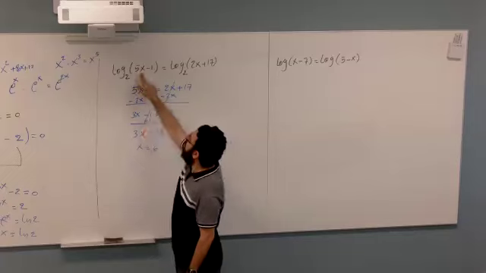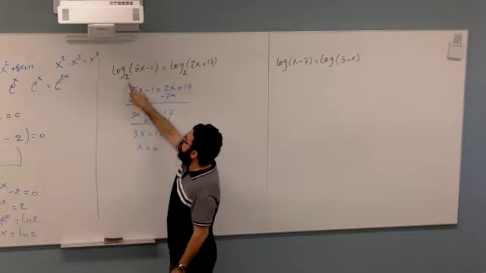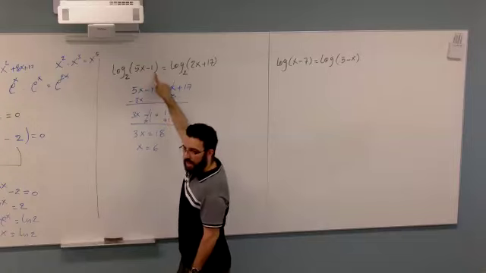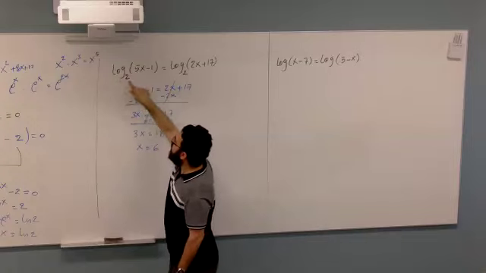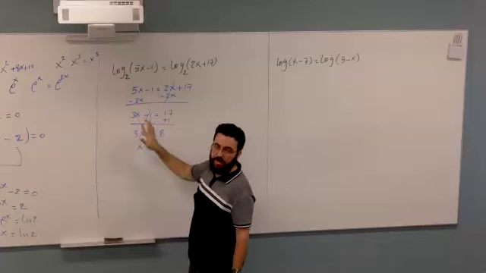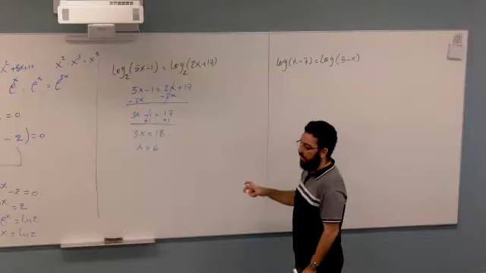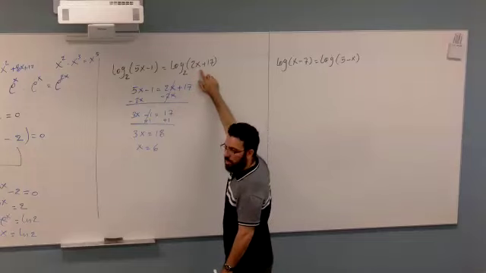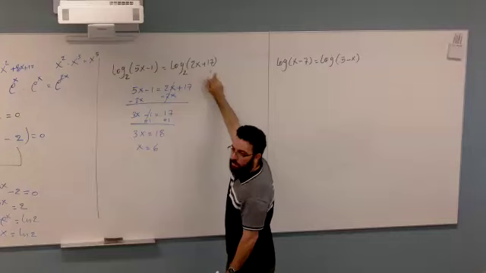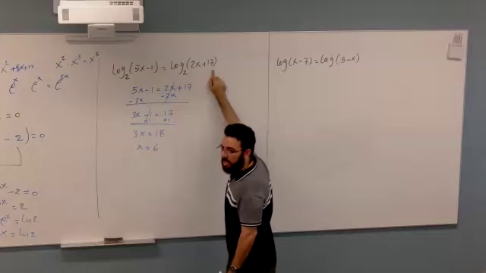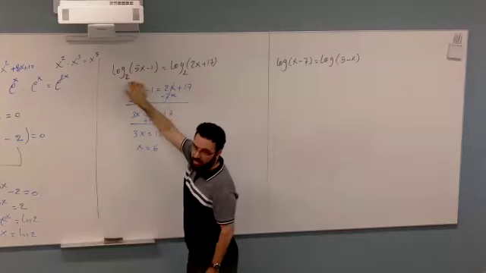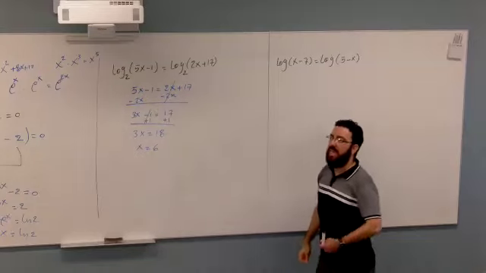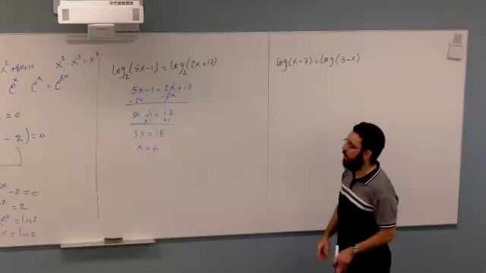If you plug in 6 here, 5 times 6, 30, minus 1, 29. Log base 2 of 29 is going to be fine. You're going to get a number. Plug in the 6 here, the same thing. 2 times 6, 12, 12 plus 17, 29. Is that the same thing we got here? So you're going to get 2 equal sides. Is that okay? So again, every time you have to check your solution.